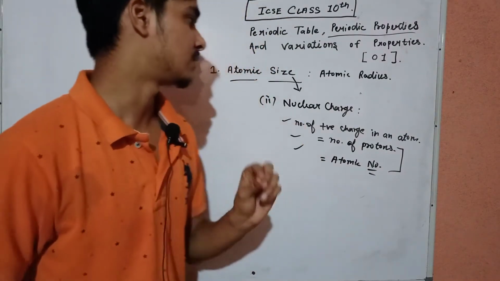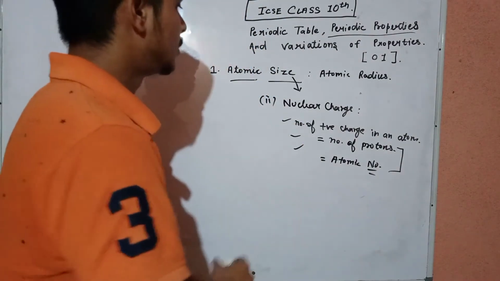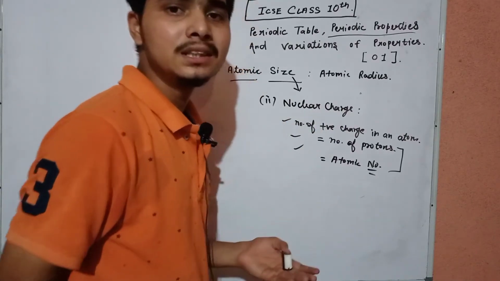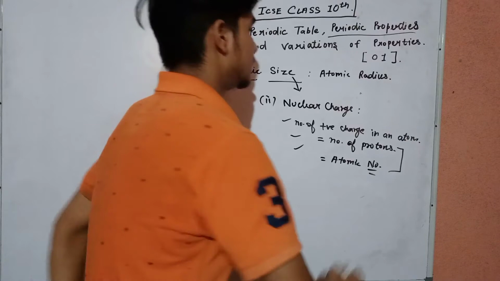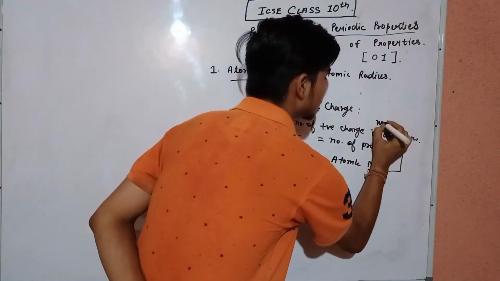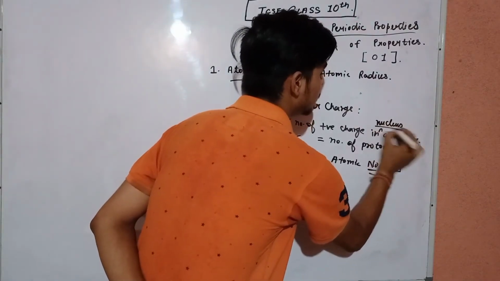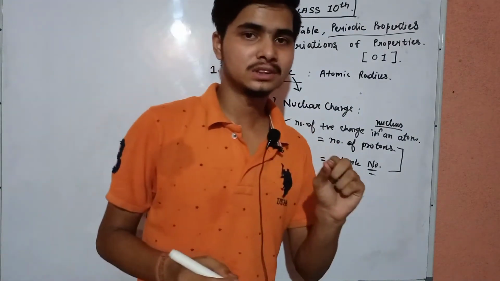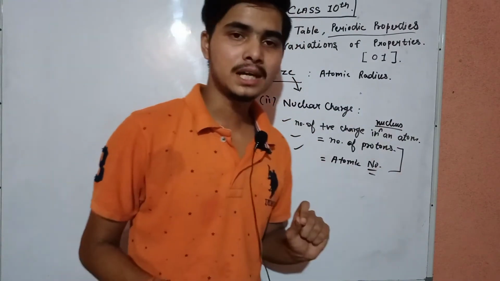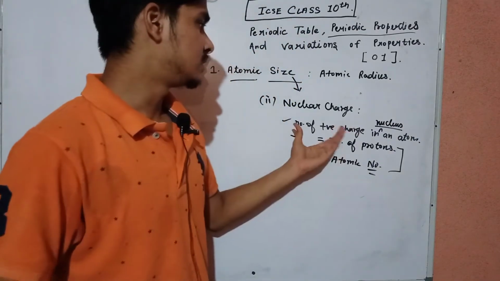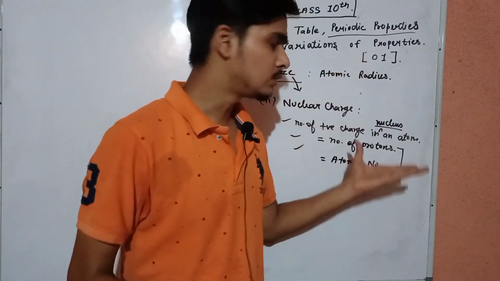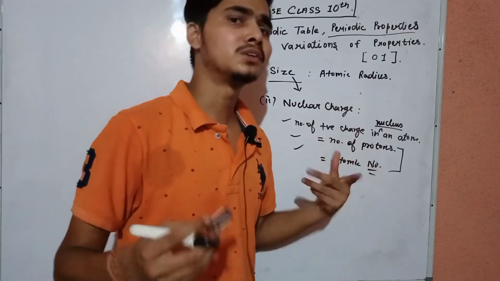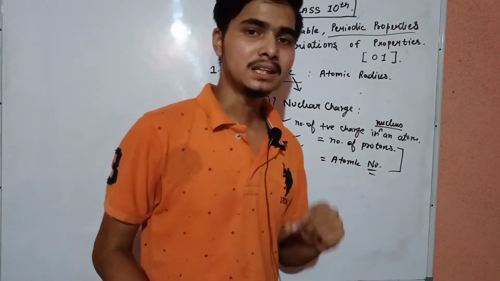So nuclear charge is the positive charge present in the nucleus of the atom. You know that the protons and neutrons are present in the nucleus of the atom, so definitely the positive charge lies in the nucleus, and this positive charge is nothing but the protons, which is also the atomic number.